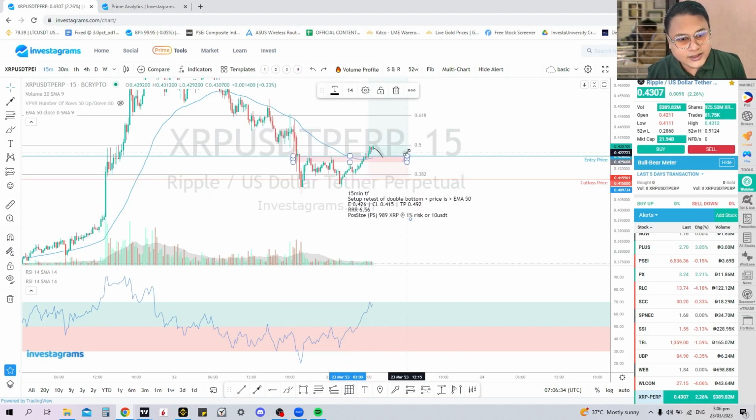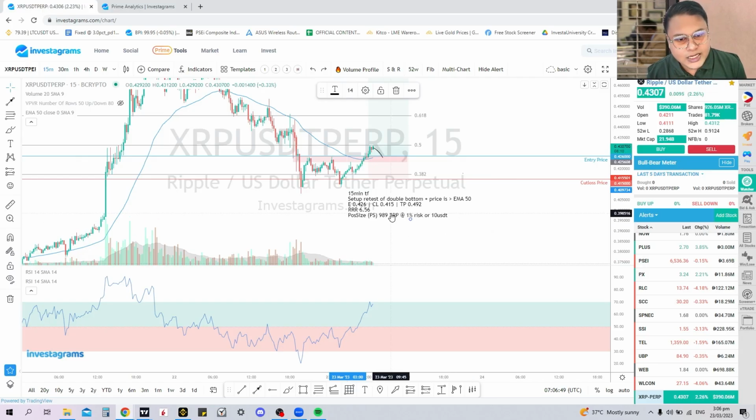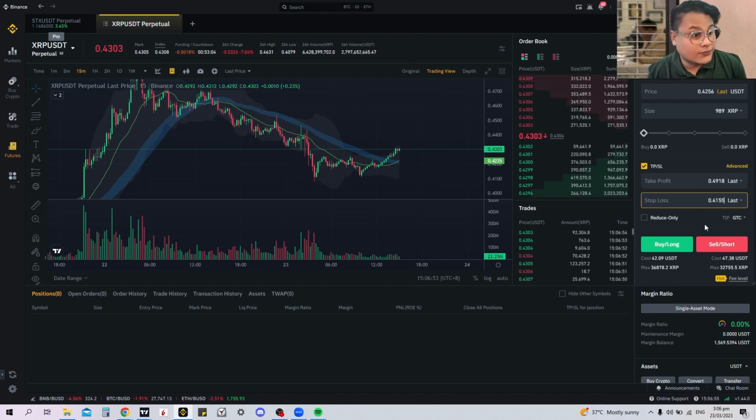Quantity, 989. Ito yung position size natin in XRP. So, double check, hindi USDT, but XRP. In units ka of XRP. So, 989. Take profit level is at 0.492. And stops is at 0.415.